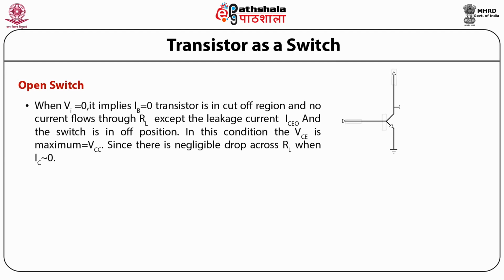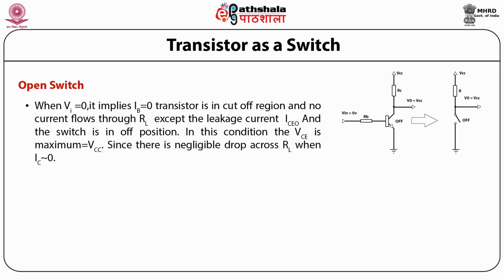When Vi is 0 as shown in this figure, it implies IB equal to 0. So the transistor is in cutoff region and no current flows through RL except the leakage current ICEO, and the switch is in off position as shown in this figure.